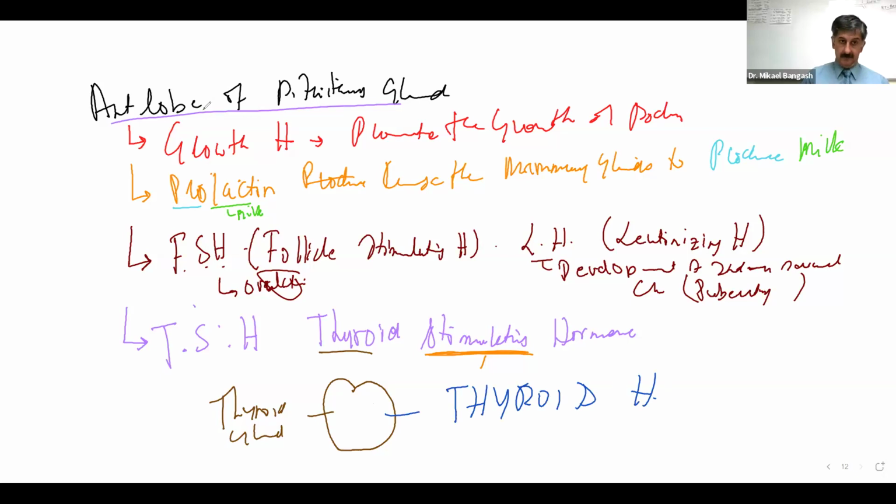It is regulated by the anterior lobe of the pituitary that produces TSH, which stimulates the thyroid gland.